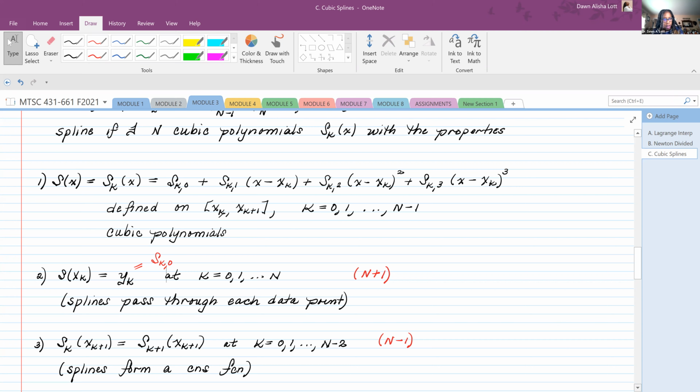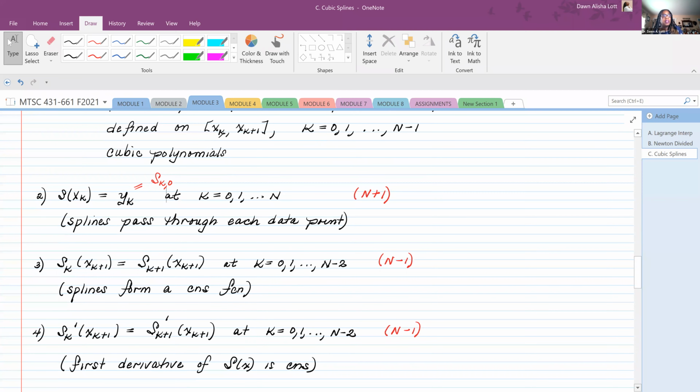That should be 0 to, no, that's right, 0 sk. Why do I have n+1? That's sk of xk is equal to yk. Oh, that's n+1 conditions. Okay, n+1 conditions.